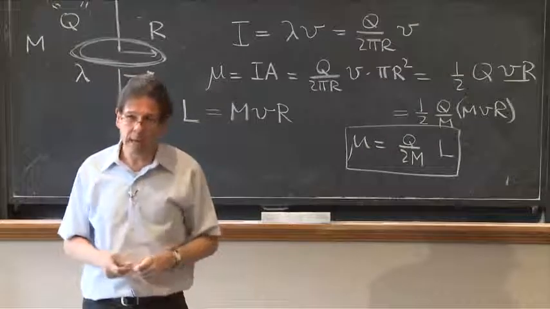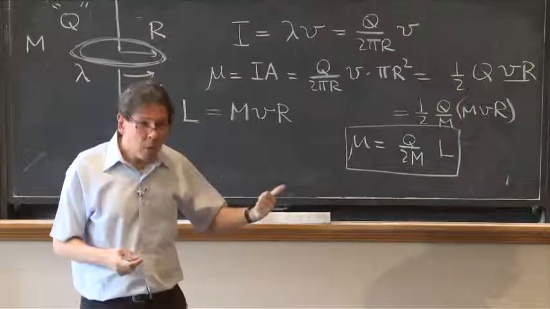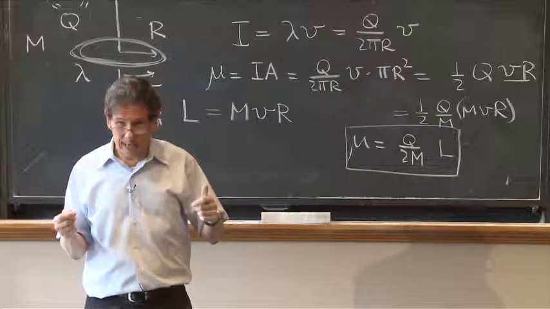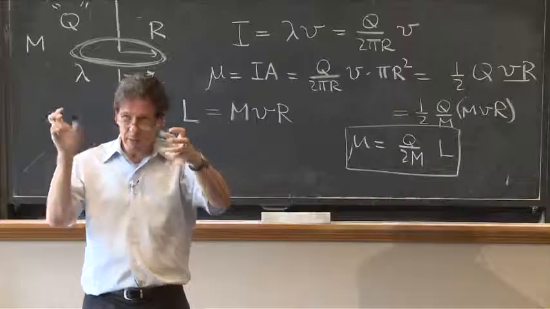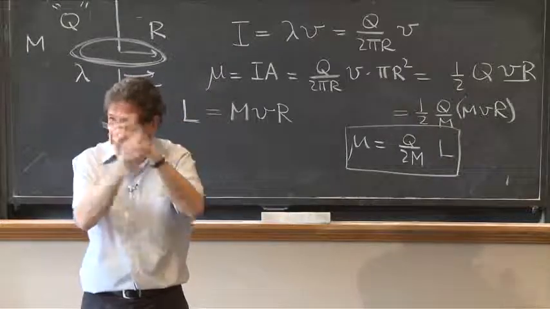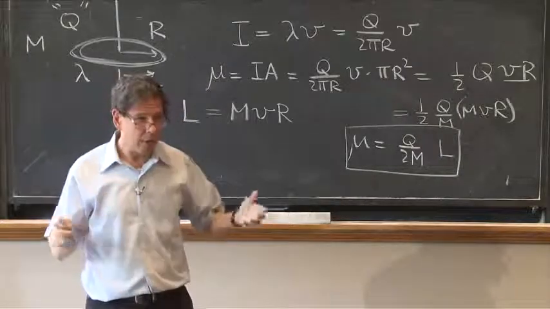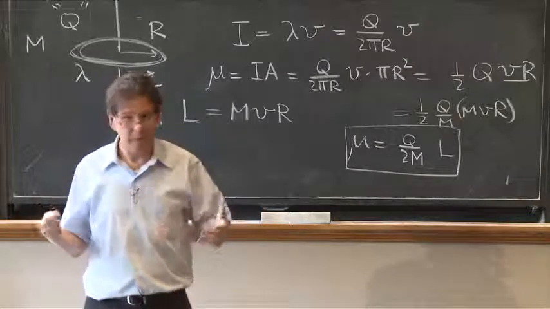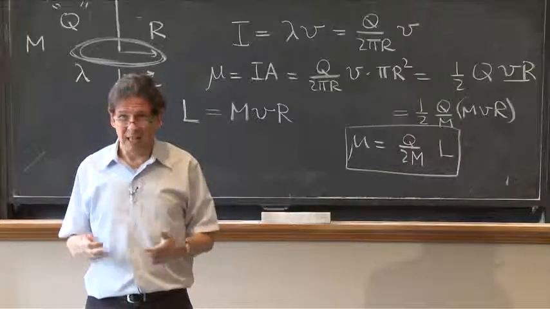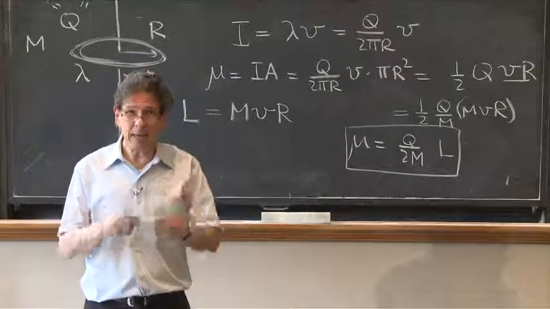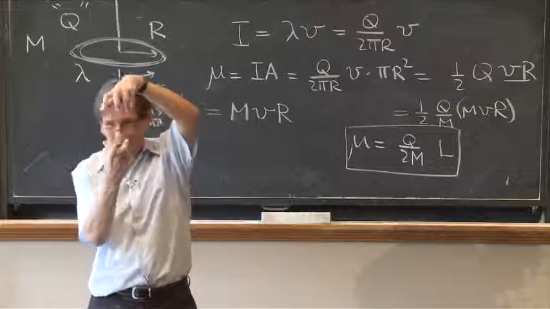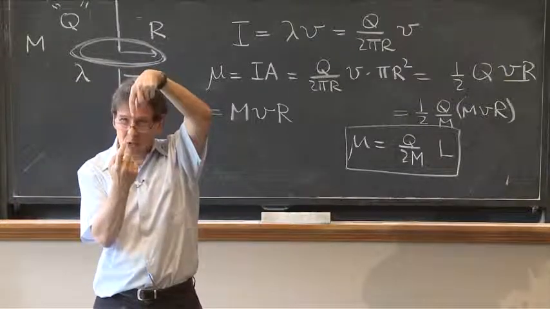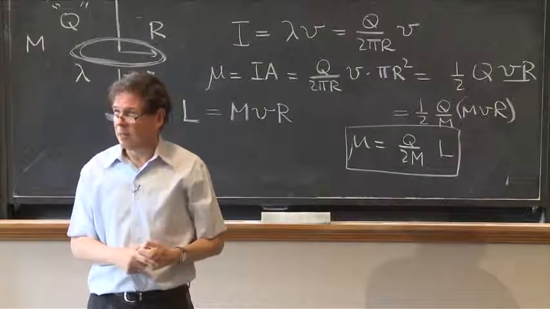For the proton, for example, the magnetic moment of the proton is quite complicated as well, because the proton is made out of quarks that are rotating inside, and how you get the spin of the proton and the magnetic moment of the proton is complicated. The neutron, which has no charge, has a magnetic moment because somehow the quarks inside arrange in a way that their angular momentum doesn't quite cancel.